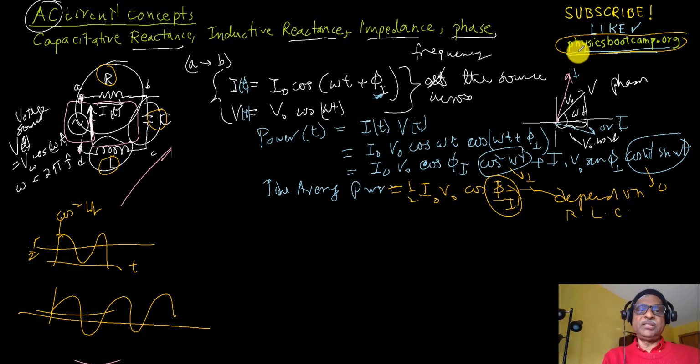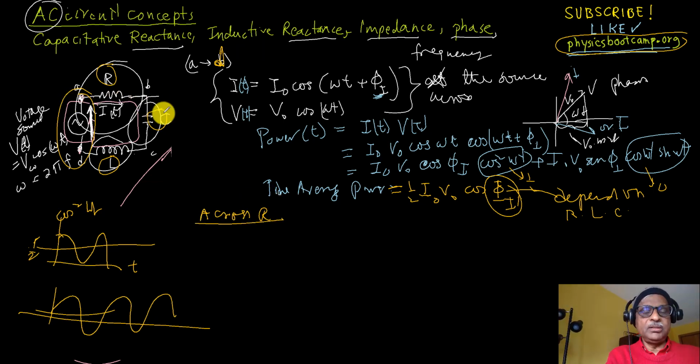Okay, so this is all about the source, and let's look at what happens across R. So this should be A to D, not B, A to D. So across R, what's the voltage drop?